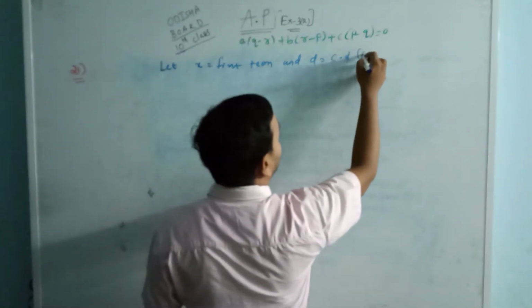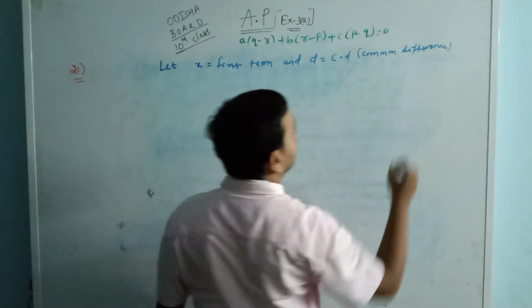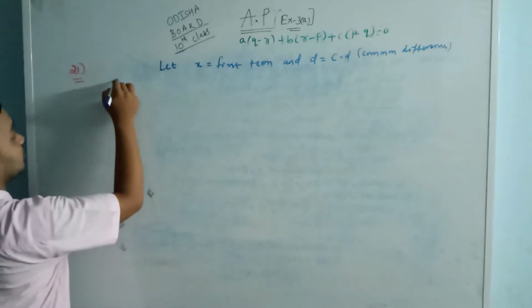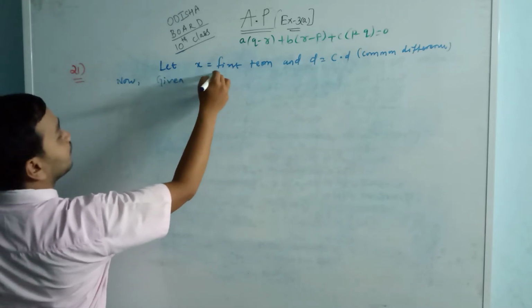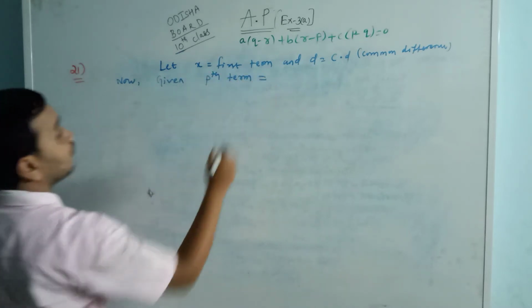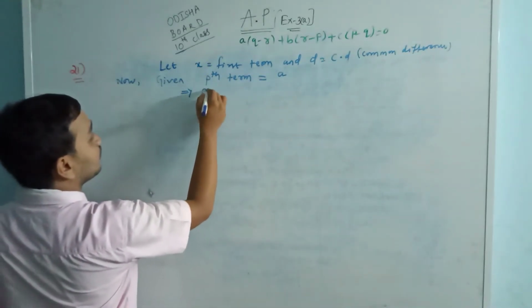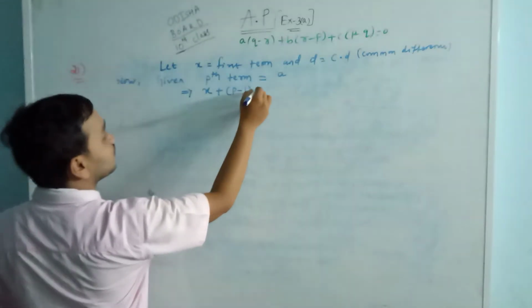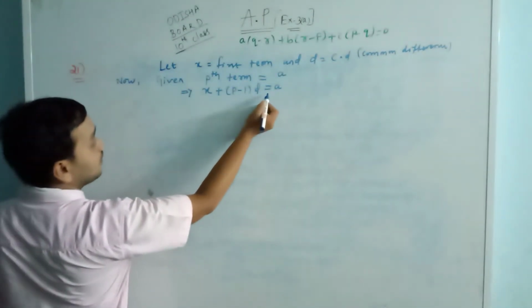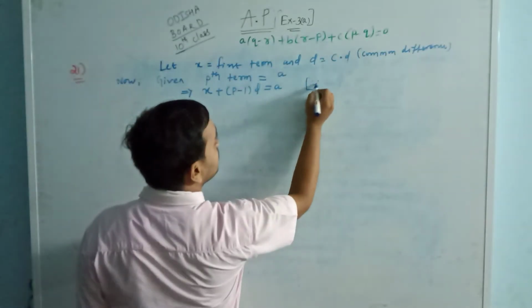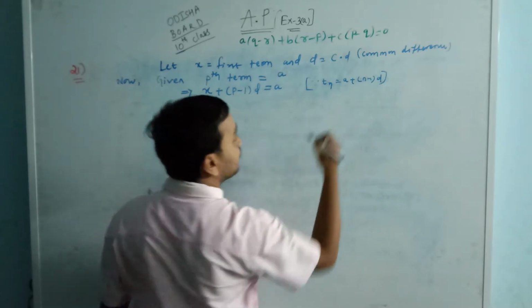Now given the pth term is a, so the formula is x plus (p minus 1) into d, because Tn is equal to a plus (n minus 1)d.